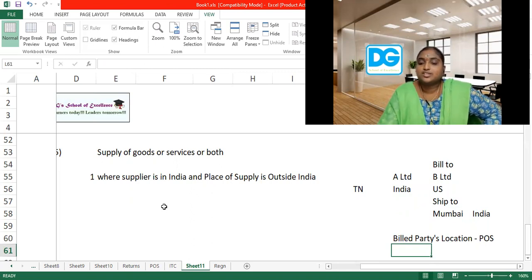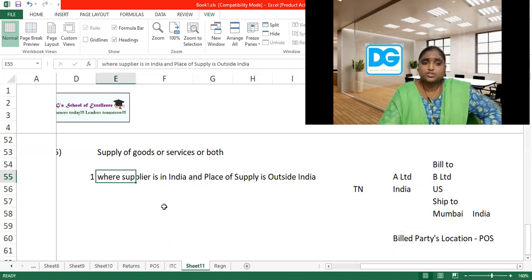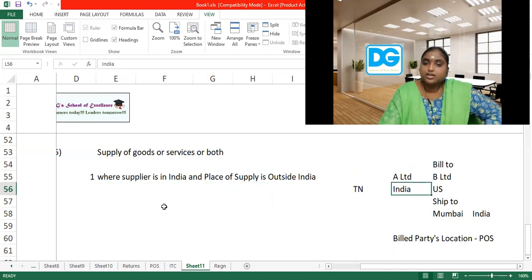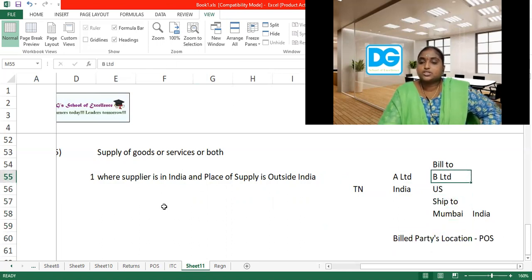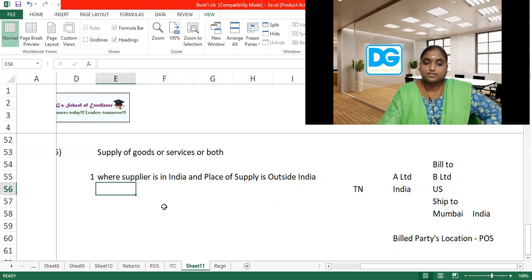So in this case, it is an interstate supply. Though the place of supply is outside India, it is not an export, not zero rated, and it will be treated as an interstate supply.